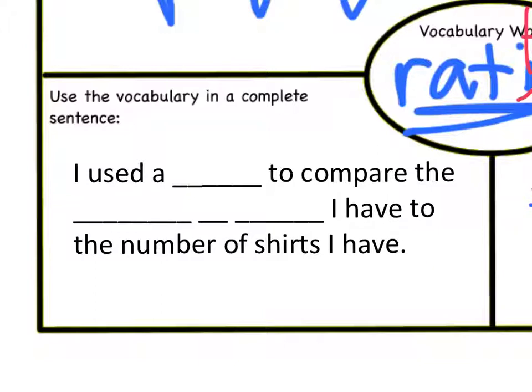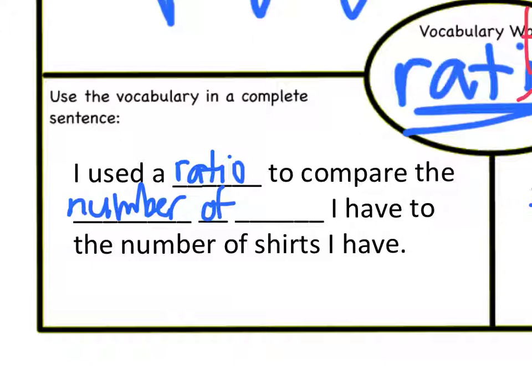Now let's look at our sentence here. I used a ratio to compare the number of pants I have to the number of shirts I have. So let's say you have lots of clothes.